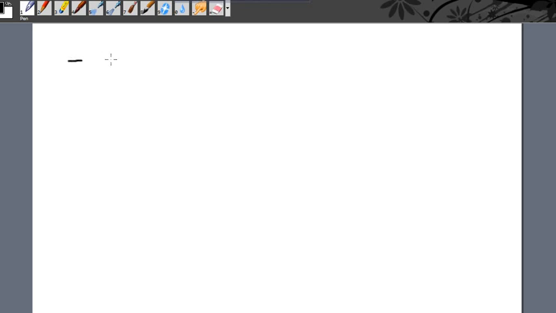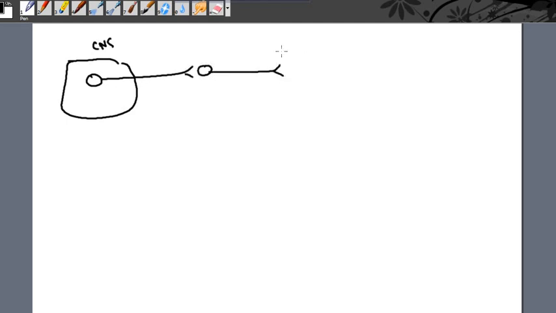Suppose this is central nervous system, this is preganglionic neuron, and this is postganglionic neuron, and postganglionic neuron releases epinephrine and norepinephrine. I made a mistake actually. Norepinephrine doesn't stimulate the beta 2 receptor. Correct myself, I am extremely sorry. Only epinephrine will be here.